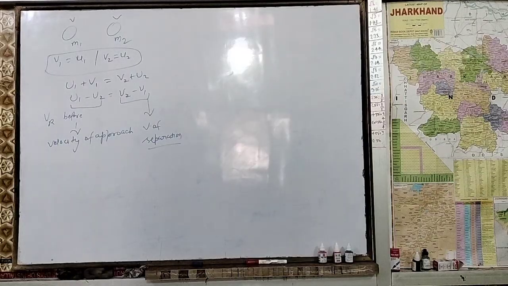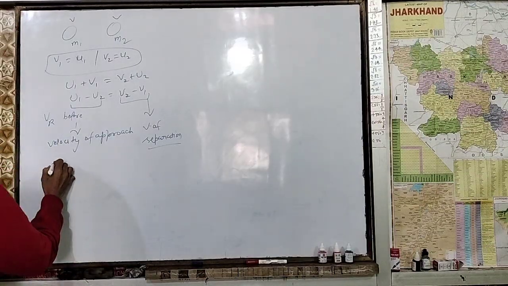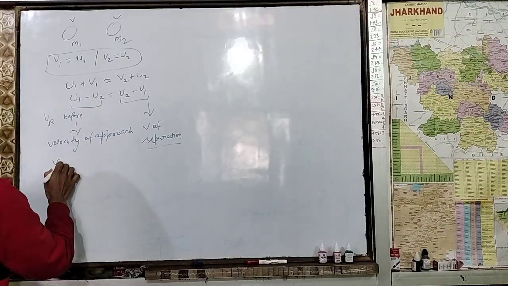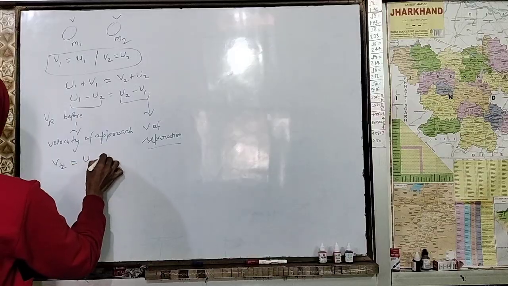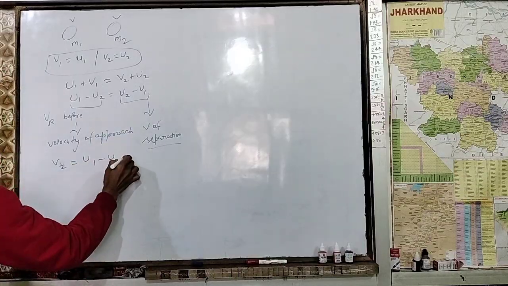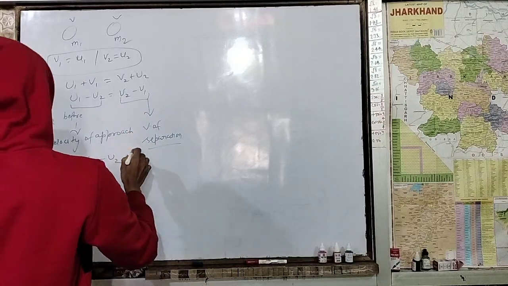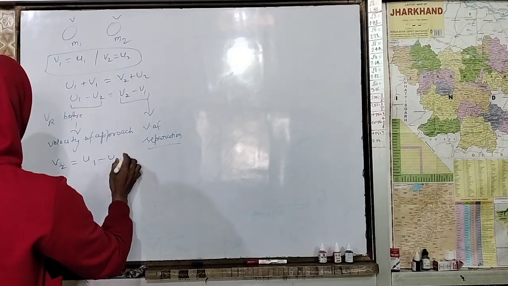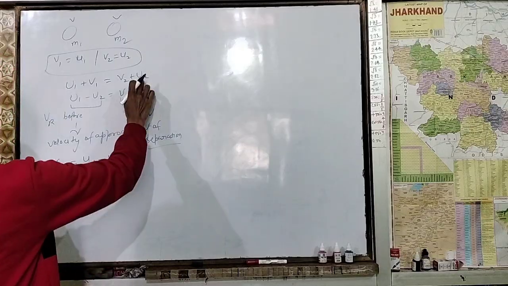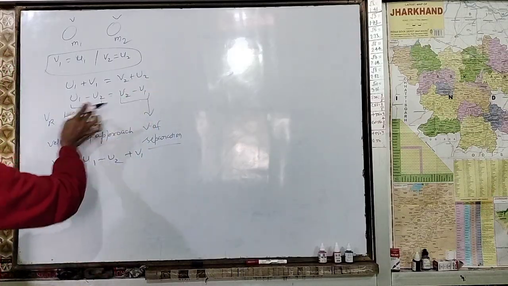Now look over here. As we know, v2 will be equal to u1 minus u2 plus v1 from this equation.